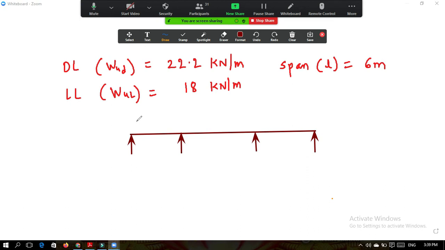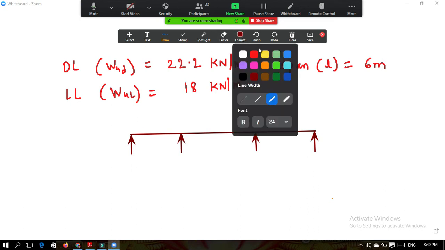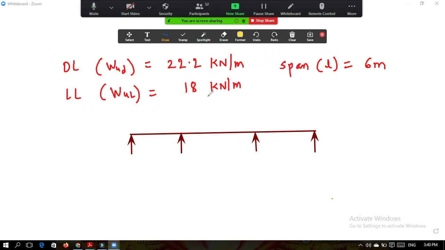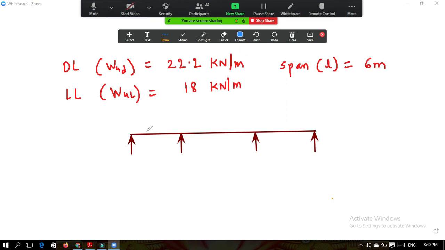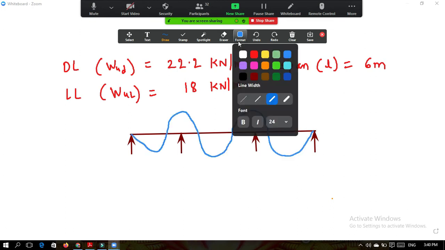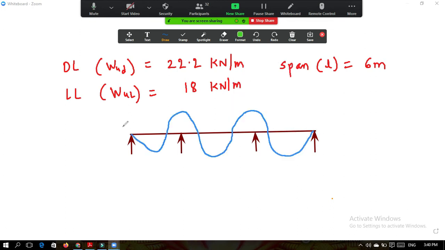Okay, so here if I draw the moment diagram, as I have told you in the morning itself, the bending moment diagram will be, okay. So now this is your end span.